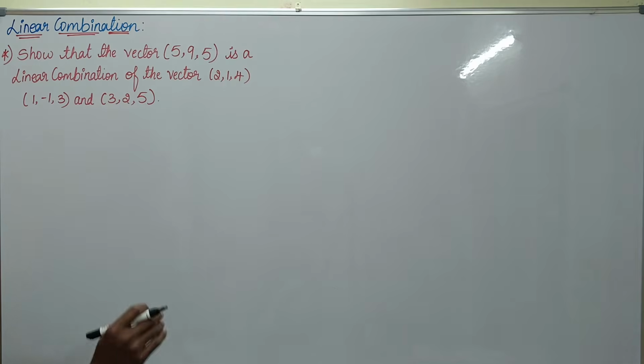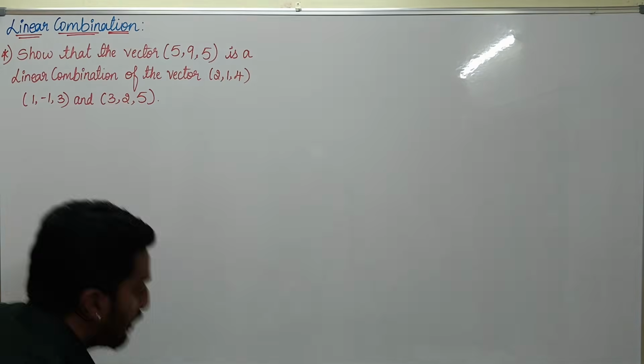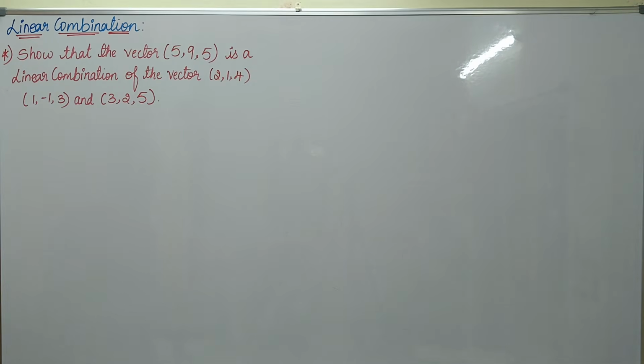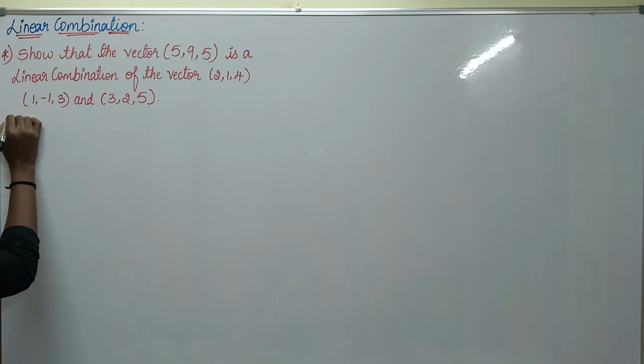First, to satisfy a linear combination, we always need to represent the vectors. Before that, we need to consider the linear combination condition. What is the linear combination condition?